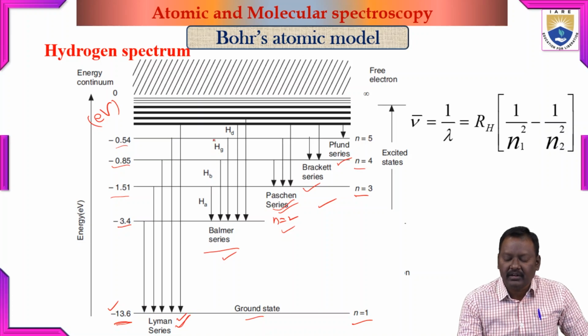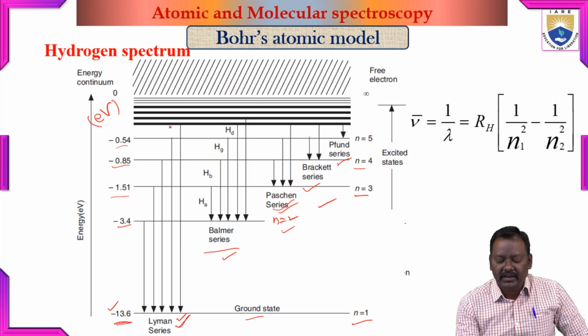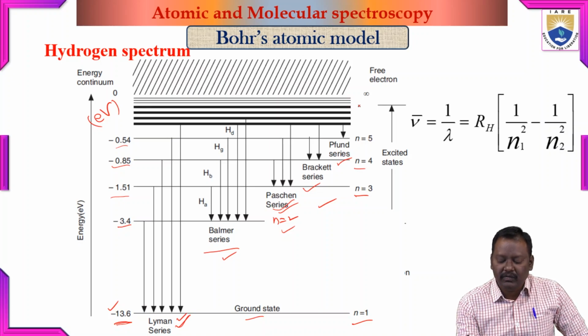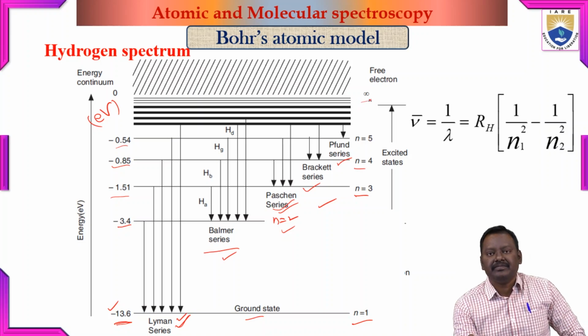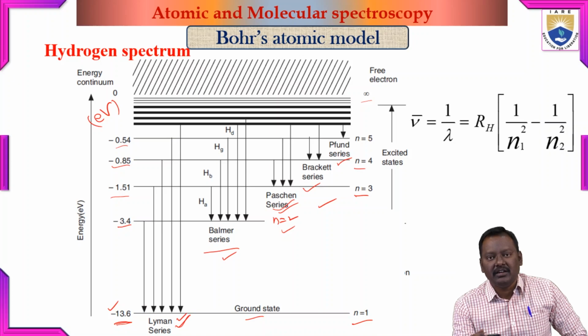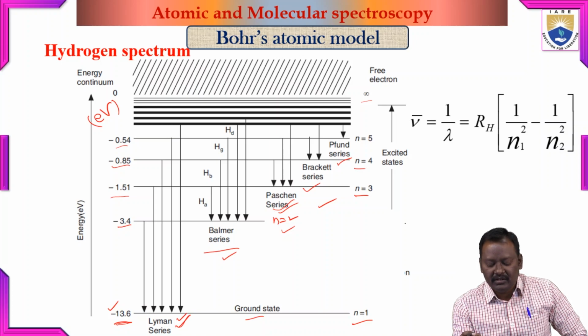So as the number of the orbit increases, the energy values decrease in the negative sign, and it becomes 0 when n equal to infinity. That means the electron is going outside the atom. It is free of atomic bonding. When the electron is given sufficient energy, it crosses the atomic boundary.